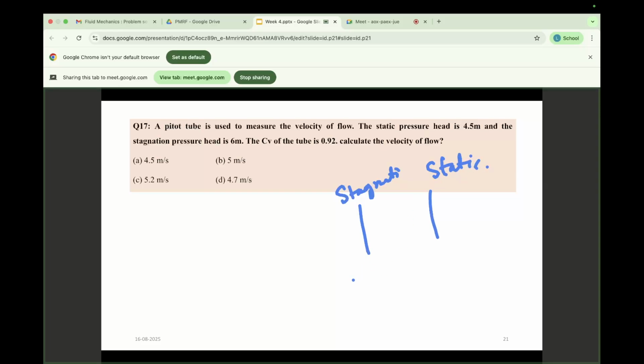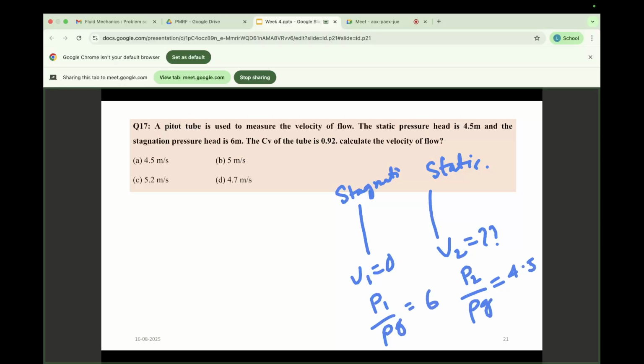Stagnation means the velocity here is equal to 0, and static means there is some certain velocity. So that is given here. This pressure head is given, and this value is also given. So the static pressure head is 4.5 and this is 6. So that is the concept.